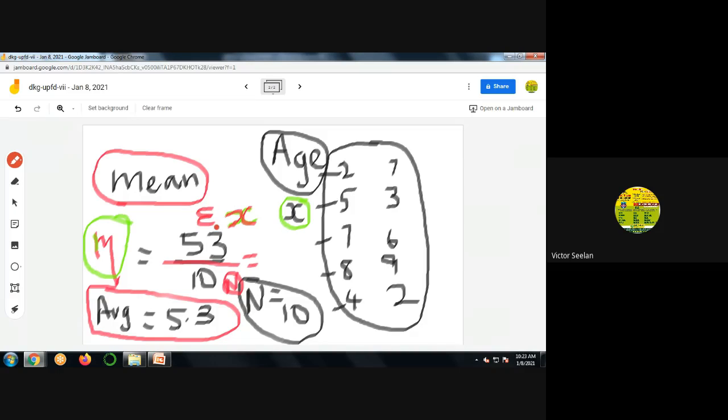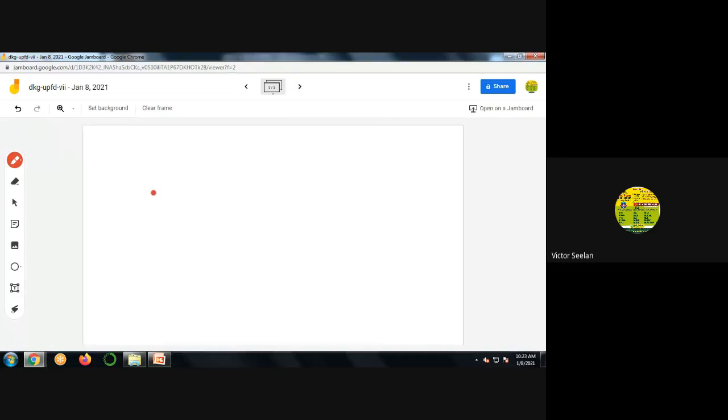So sigma x by n. The formula is mu equal to sigma x divided by the total number of observations.